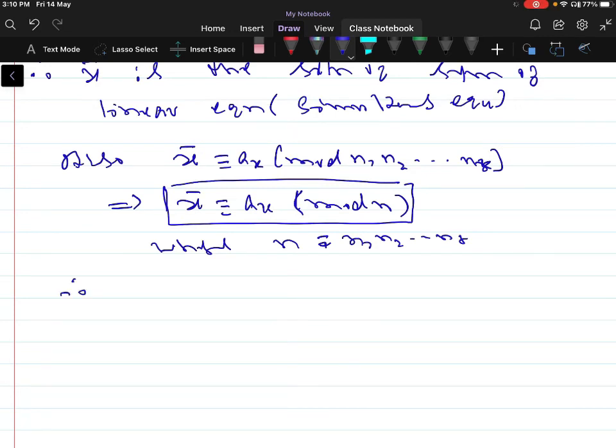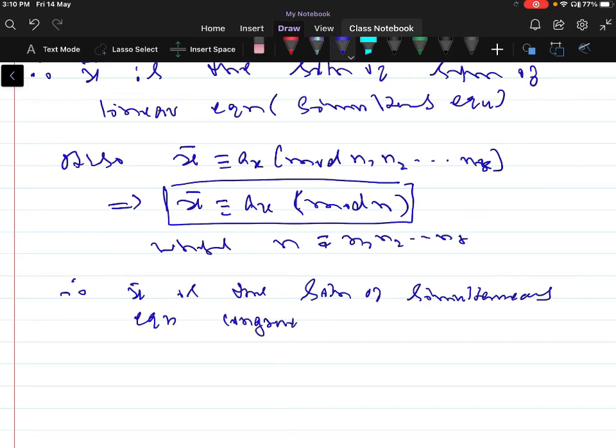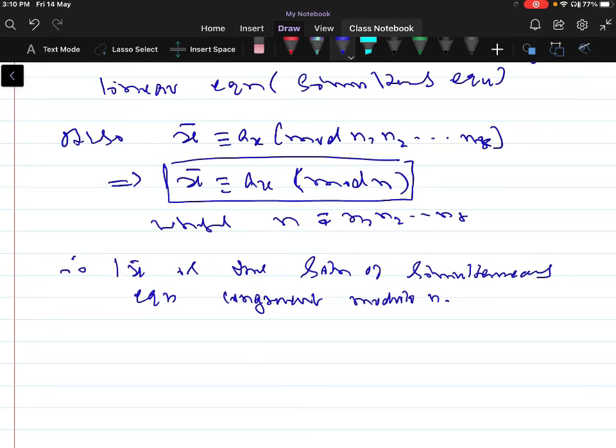Therefore x bar is the solution of the simultaneous equations congruent to ak modulo n. Now let us prove that x bar is a unique solution.